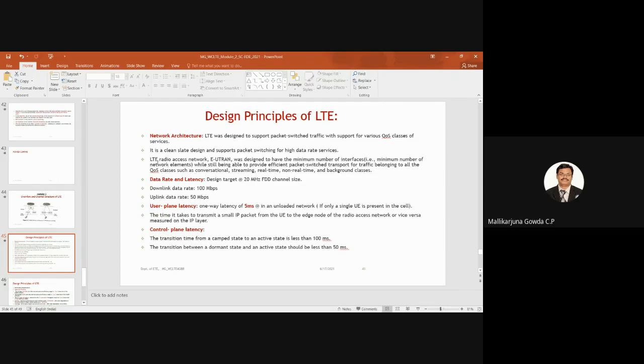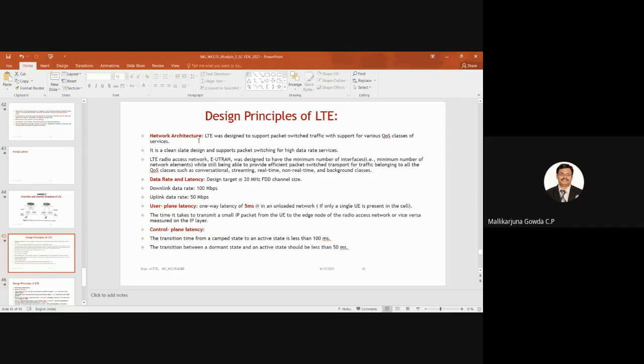In the LTE radio access network, the E-UTRAN, the Evolved UMTS Terrestrial Radio Access Network, was designed to have the minimum number of interfaces and network elements. With that, it is possible to provide efficient packet switch transport for traffic belonging to all the quality of service classes like conversational, streaming, real time, non real time, etc. So that is about the network architecture.